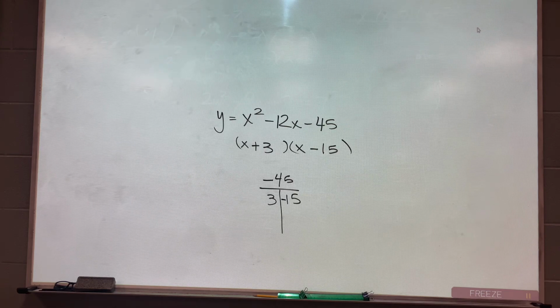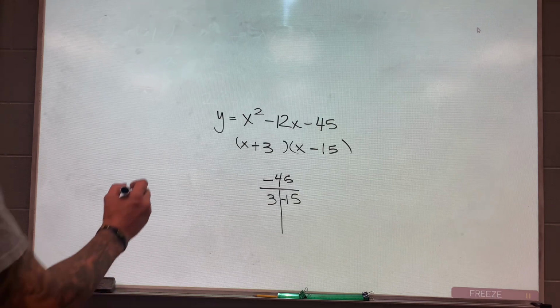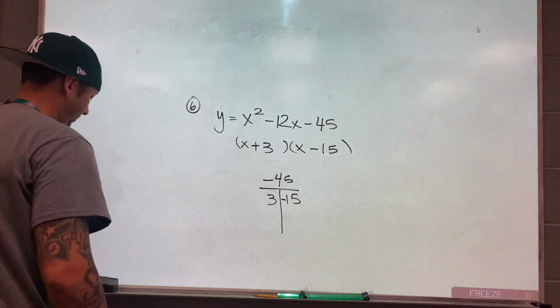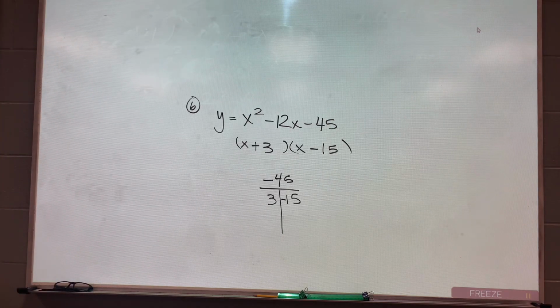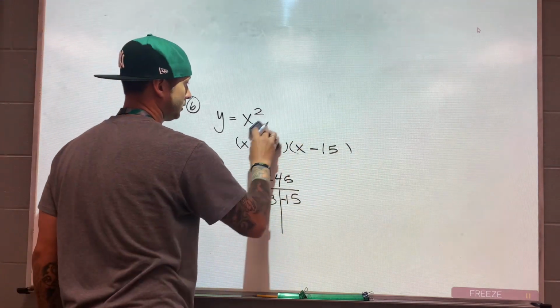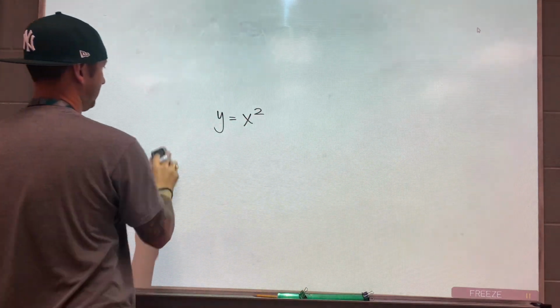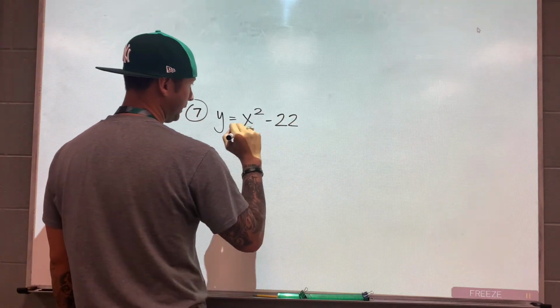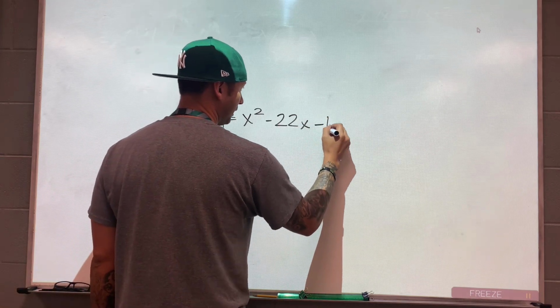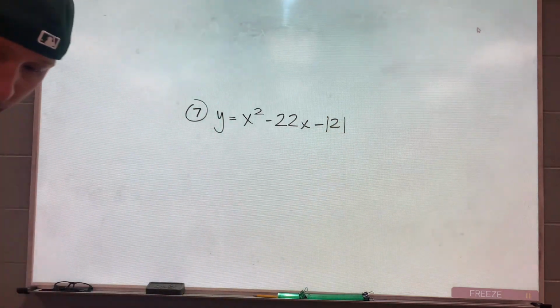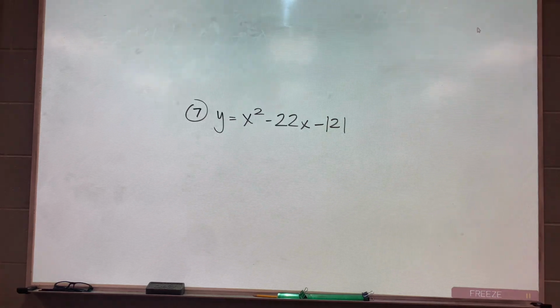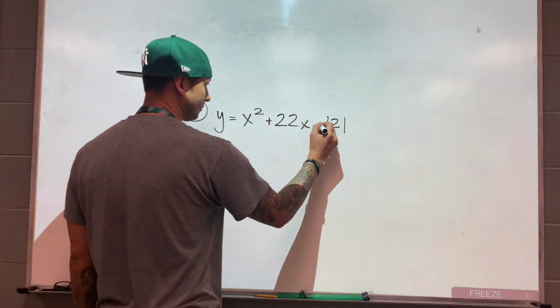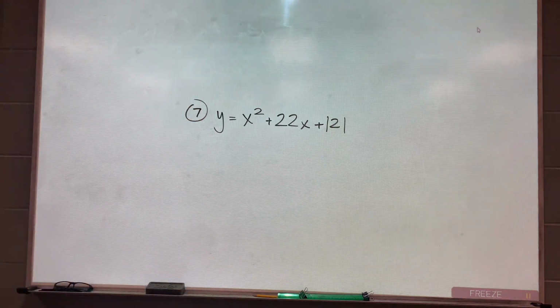All right, moving right along, number 7. So this is 6. X squared minus 22x minus 121. Just kidding. Y equals x squared plus 22x plus 121.